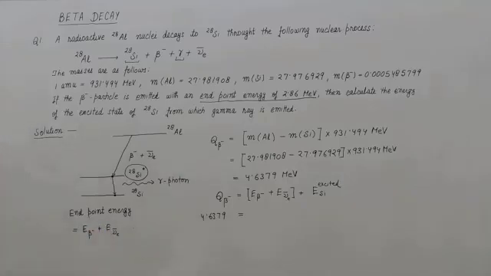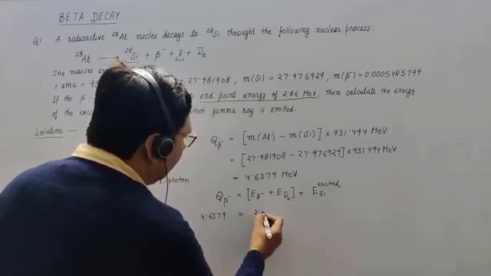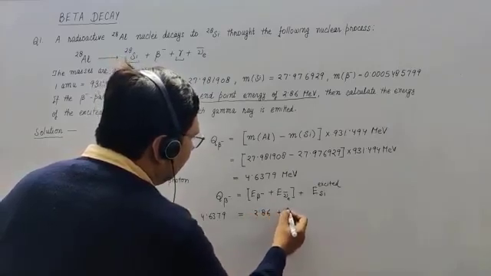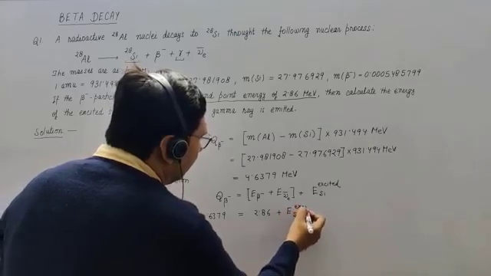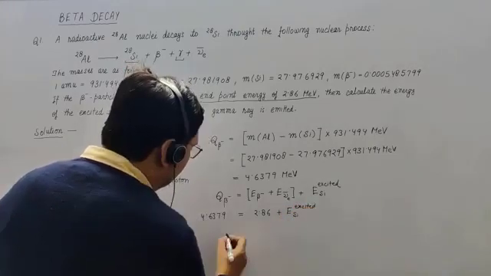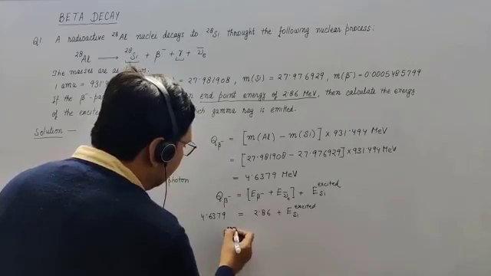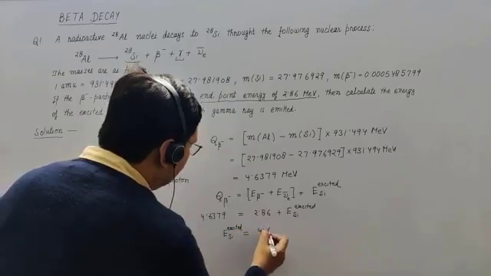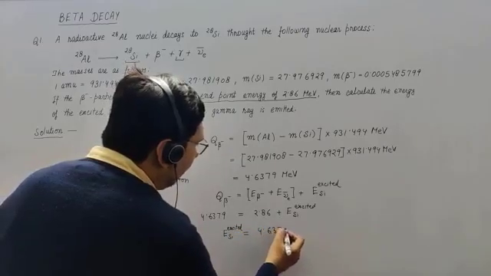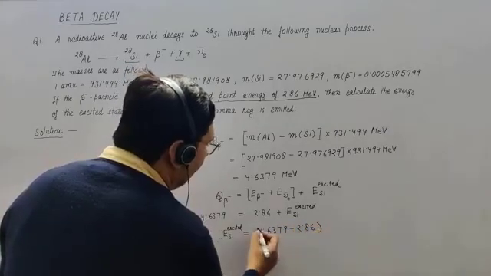So the endpoint energy is given as 2.86 MeV. This will be 2.86 MeV plus E of Si in the excited state. So this E of Si in its excited state will be 4.6379 minus 2.86 MeV.